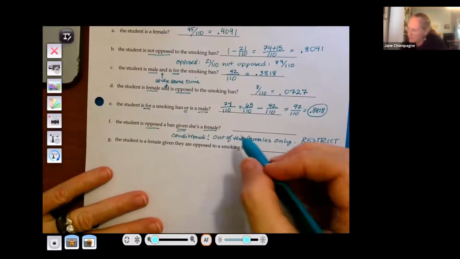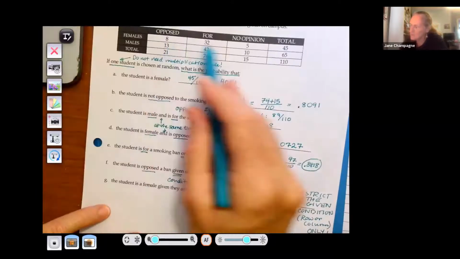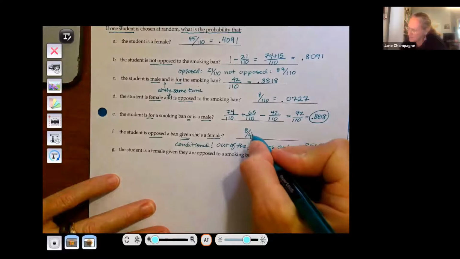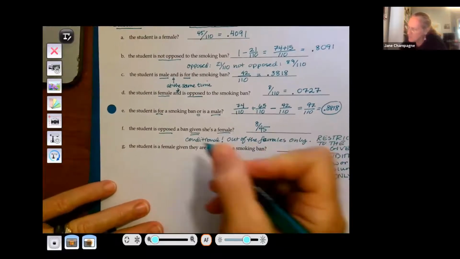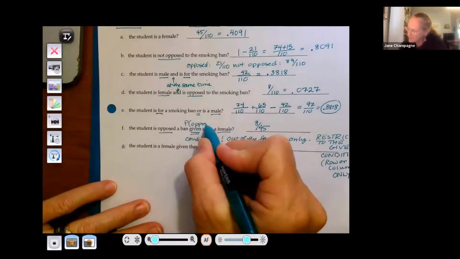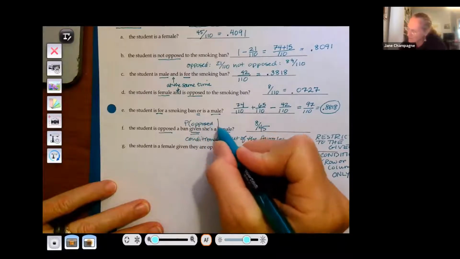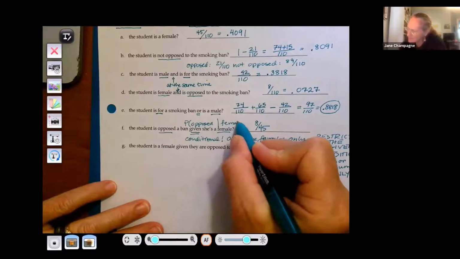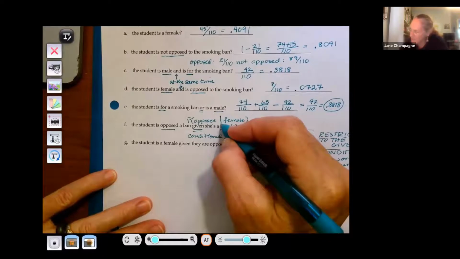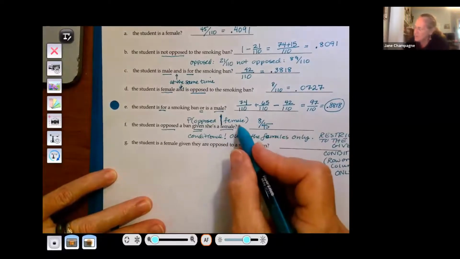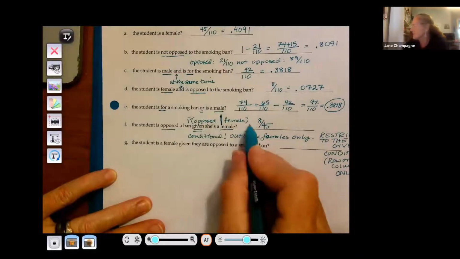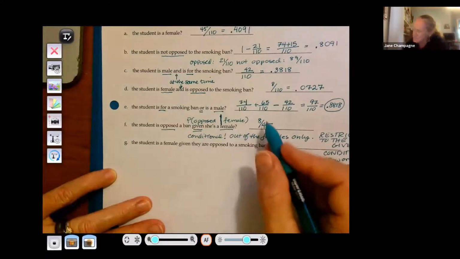Okay, so opposed out of the females, 8 out of 45. You might remember the notation here is the probability of opposed with that vertical bar for given female. So if you think of that vertical bar as a fraction bar, out of the females, right? There's 45 females and then 8 of them are opposed, kind of like a fraction.